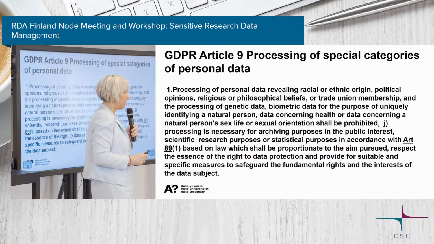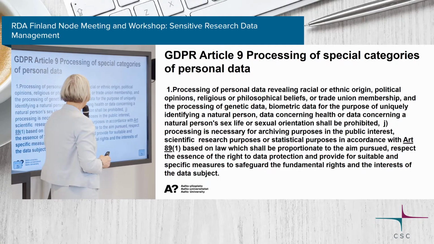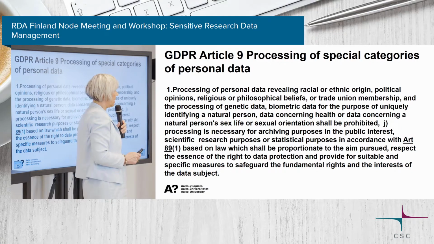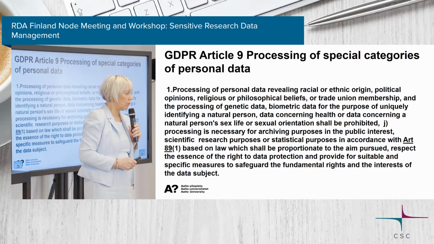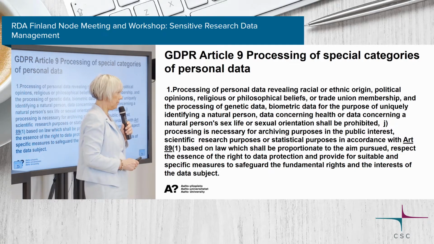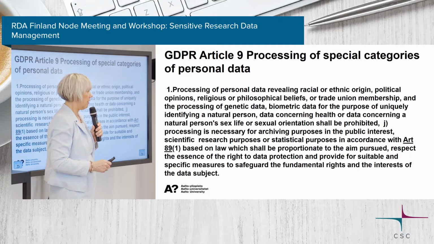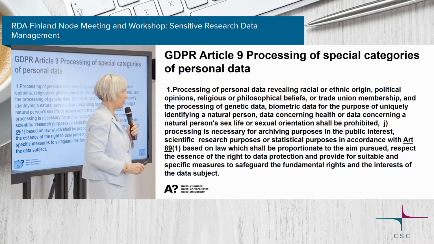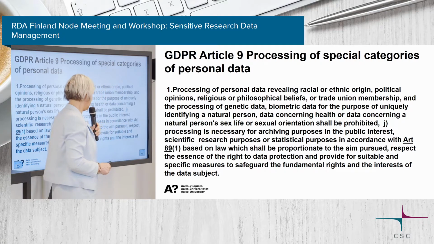So anything that has been used in discriminating against persons, such as race or ethnicity or sex or sexual orientation, has been lifted here to a special category of personal data. Then there is also sensitive data. You could also talk about, for example, your bank account number or your social security number. These are not mentioned in the GDPR, but they are also sensitive data. So sensitive data is larger than what is actually legislated in the GDPR.